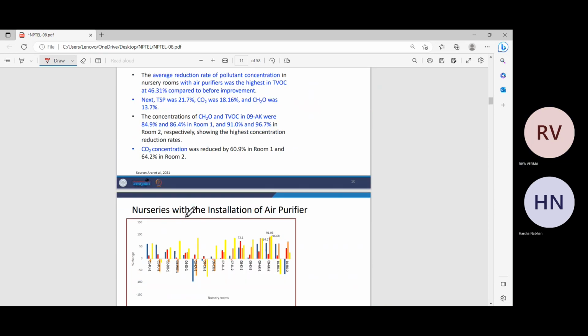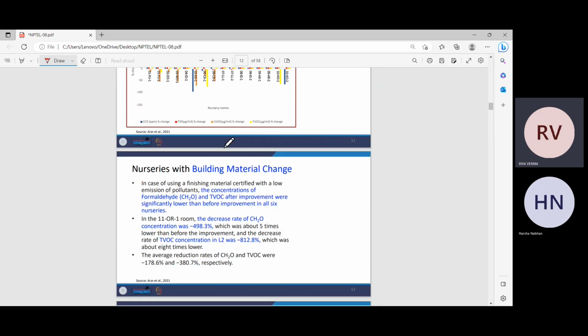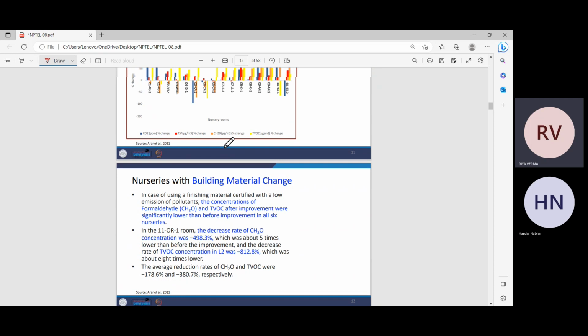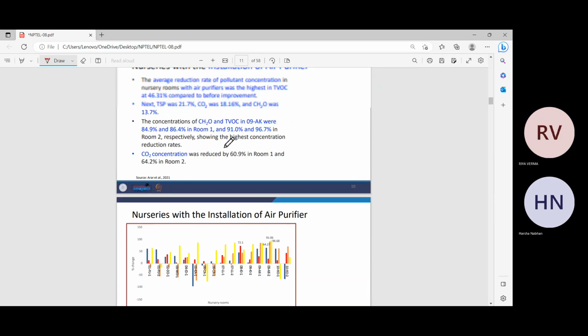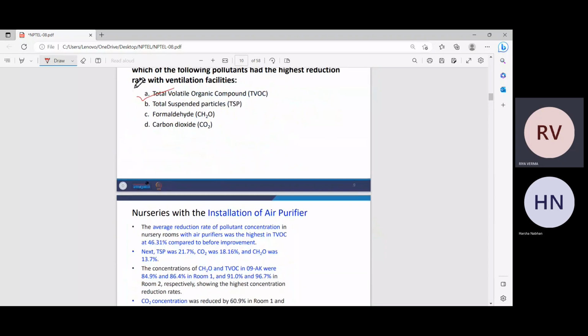Okay, this is for the nurseries with the installation of air purifiers, and for building materials change. Oh, sorry, this was for the air purifier. Let's see.